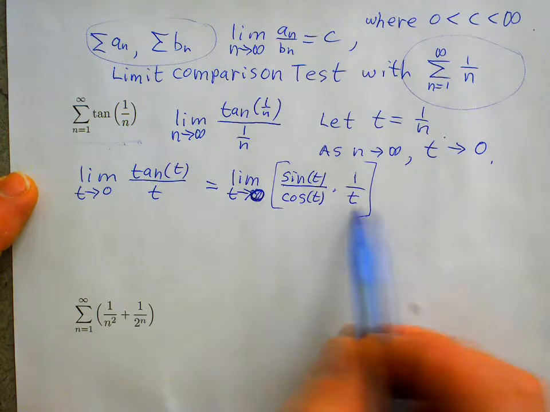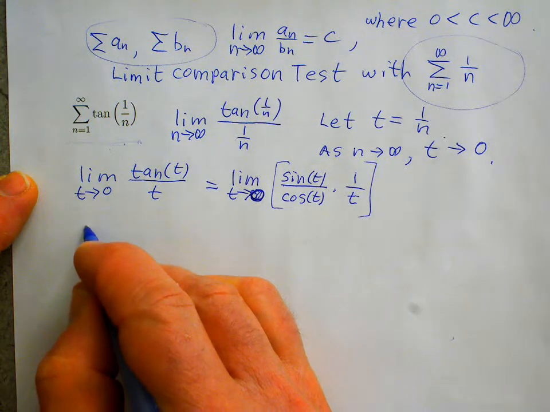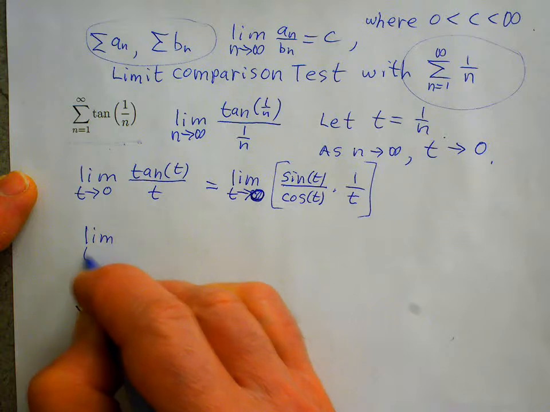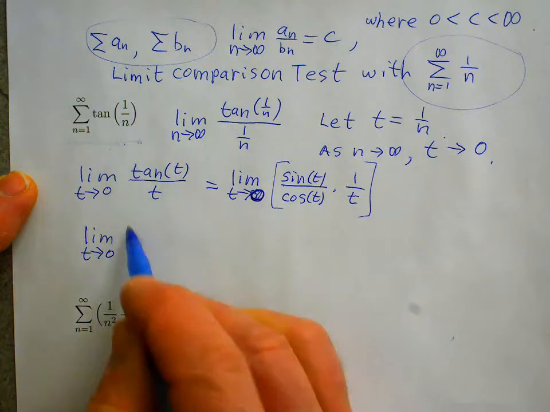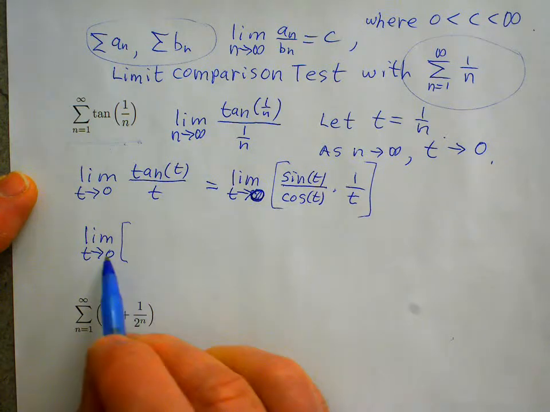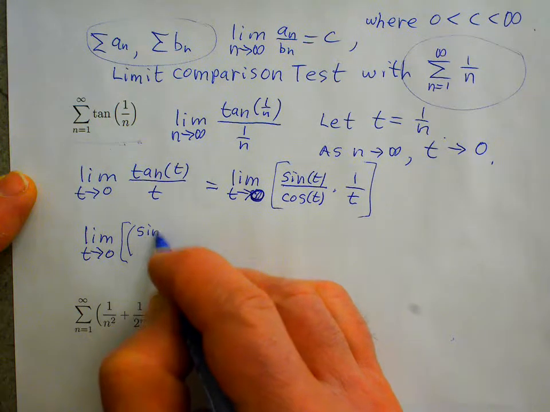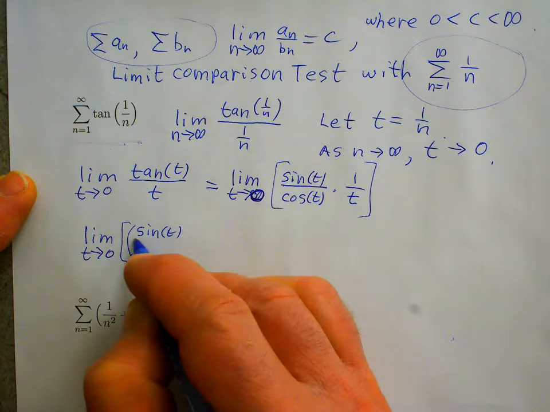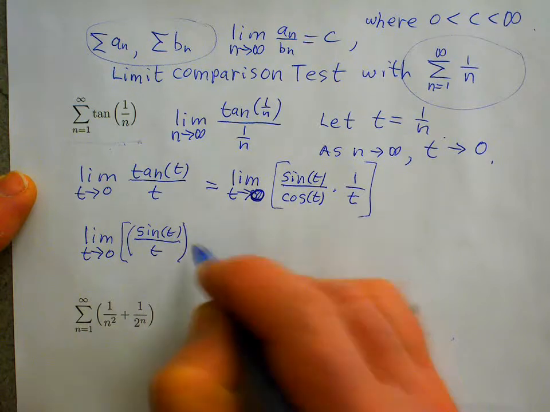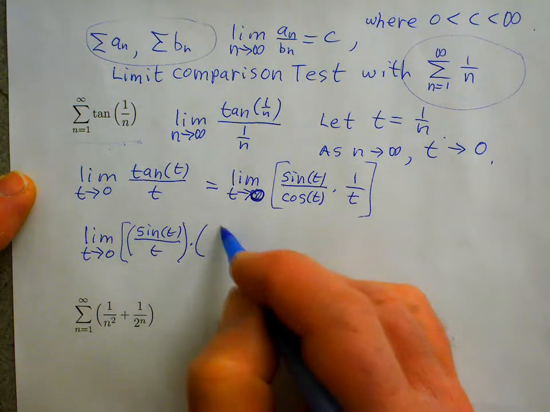And we'll rearrange this a little bit. So we will have the limit as t approaches 0 of sine of t over t times 1 over cosine of t.